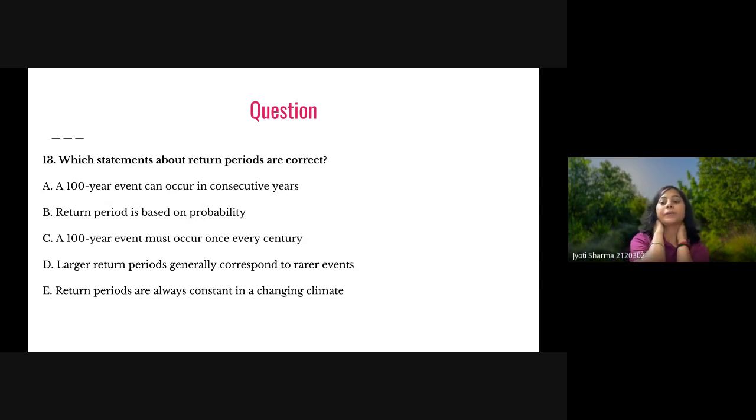About the return period, for example, we are saying that in India, the return period for flood in the past was 2 years, or let's say 3 years. So on average, we are getting a flood every 3 years.